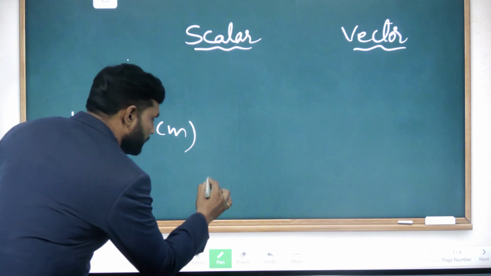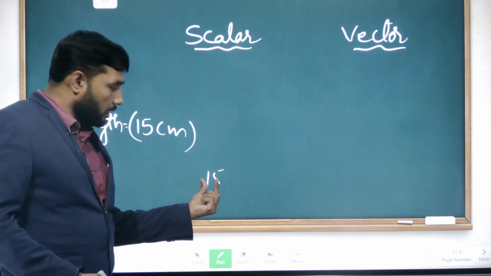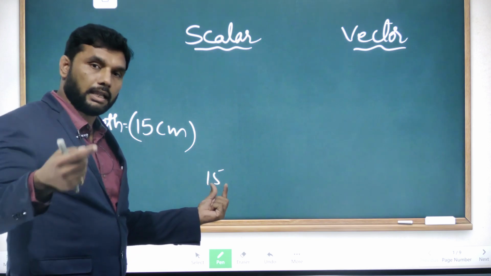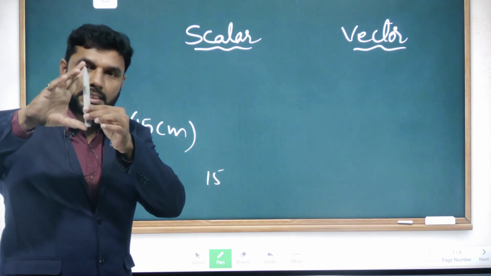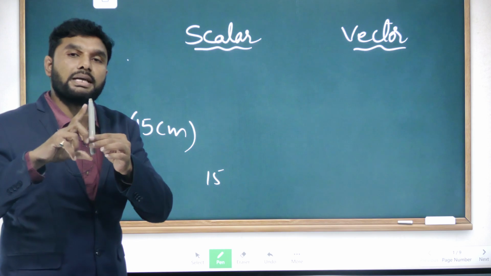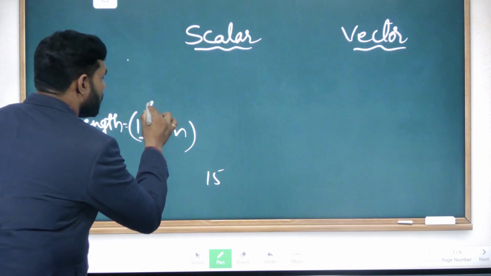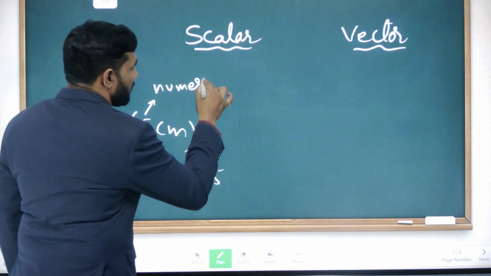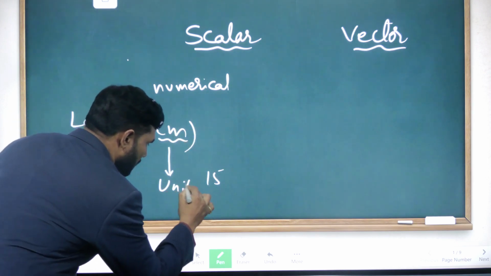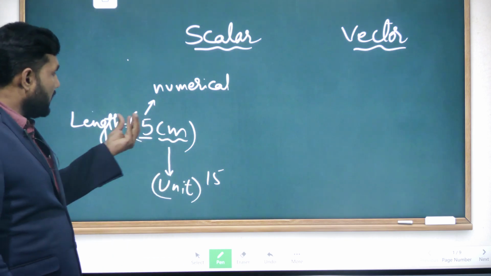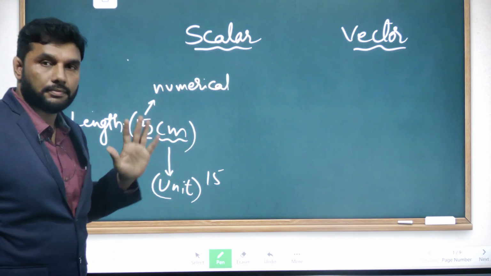I can't simply write it as 15, because it may be 15 seconds, or 15 kilometers, or something else. But when I speak about the length of this pencil or stylus, it is 15 centimeters. 15 is a numerical value and centimeter is its corresponding unit. Any physical quantity which has a numerical value along with a unit, we call a physical quantity.